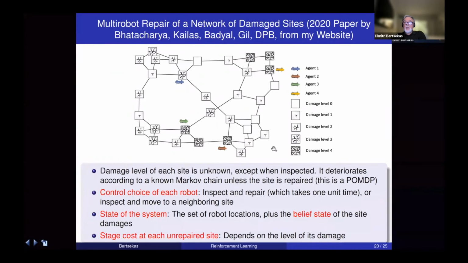The more complicated problem is when there are correlations between the probability distributions of the different sites, and then there's no way to pass on the probability distribution to the agents because it's a very complicated object. That would necessitate that the computational cloud uses some kind of neural network to represent the belief state and passes on the neural network output to the agents. Of course, that's a more complicated version of the problem, and I don't know how it would work out, but it's one of the next steps from what we have done so far.